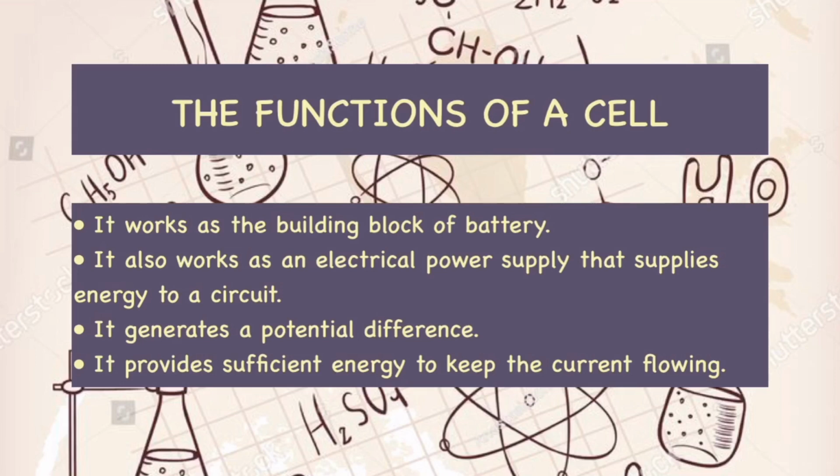The other functions of a cell are to generate a potential difference and to provide sufficient energy to keep the current flowing. If energy obtained from one cell is not sufficient for the device, we can use many cells together in order to increase energy supply.